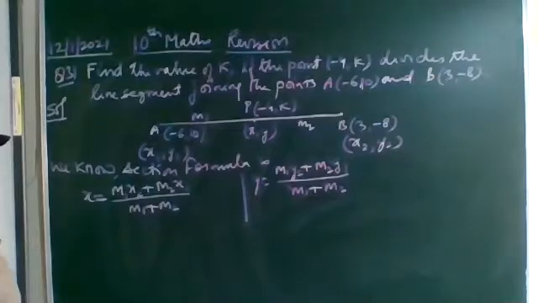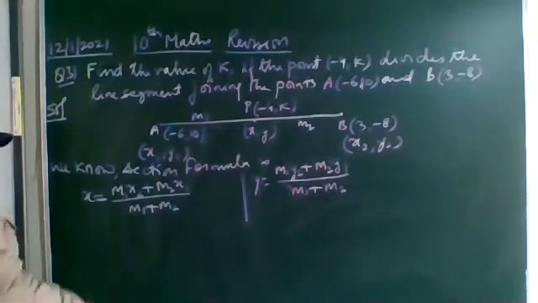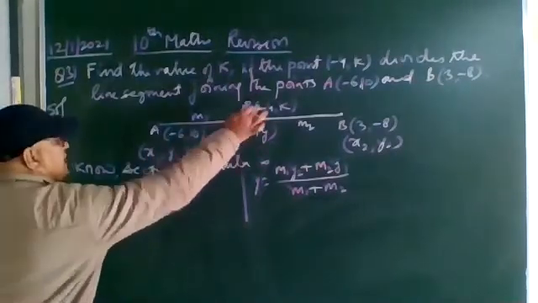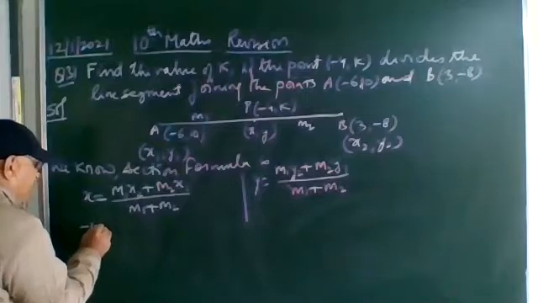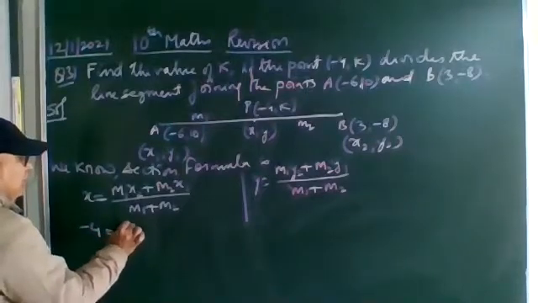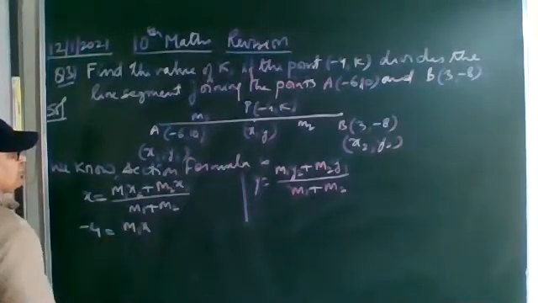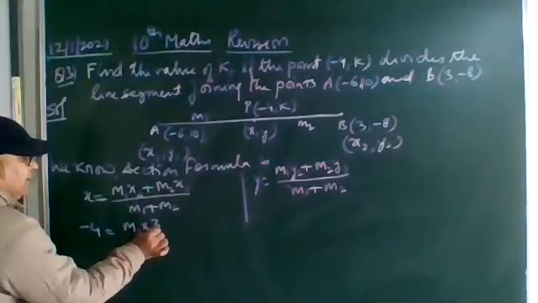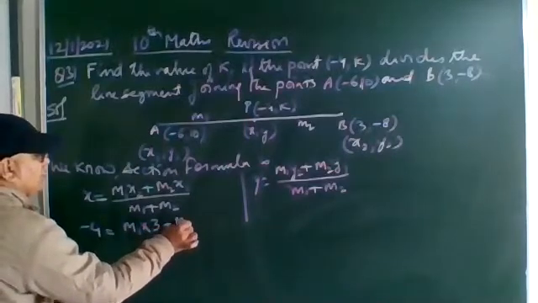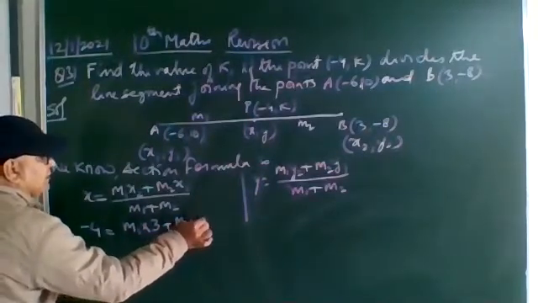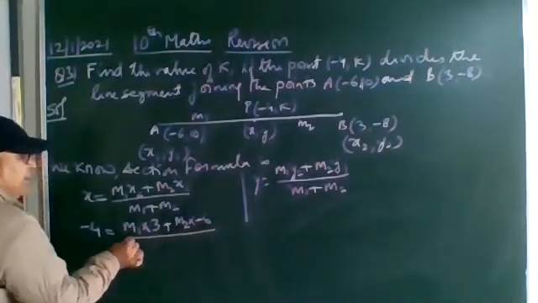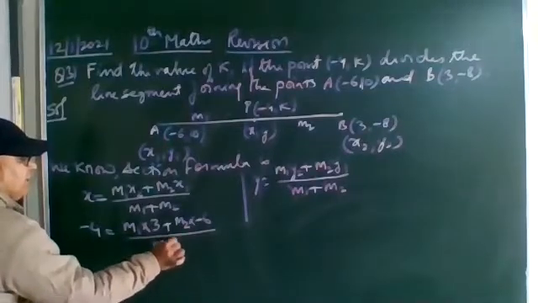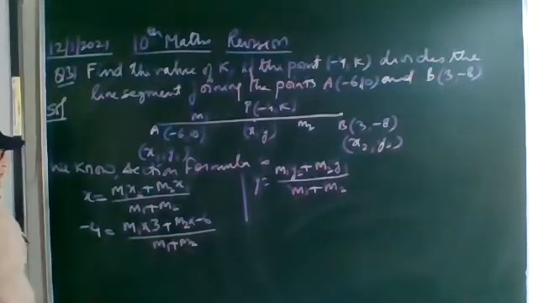Once you have written the formula, x you know, that is minus 4. m1 you don't know, but you know x2, that is 3, plus m2 you don't know, you know x1, that is minus 6, upon m1 plus m2.